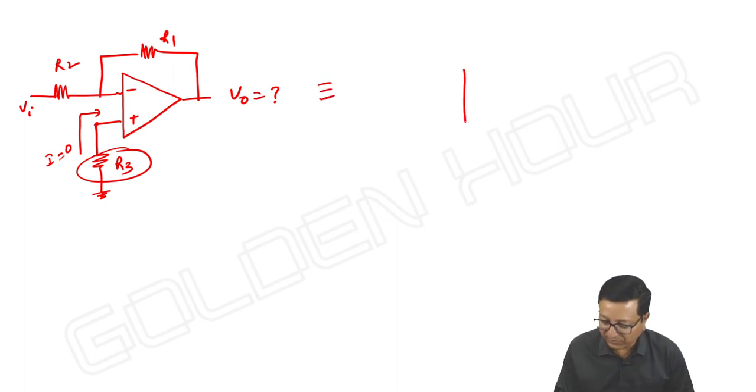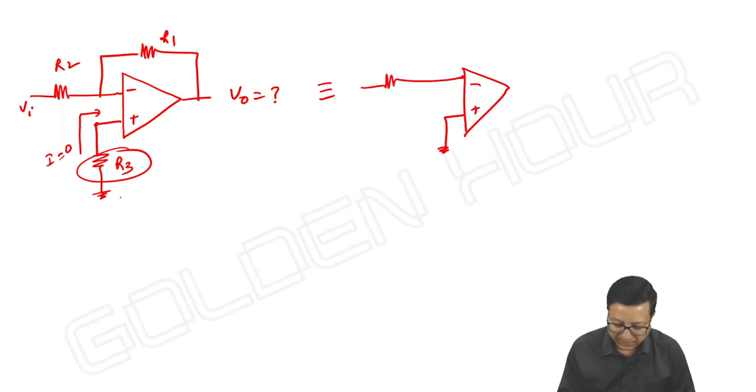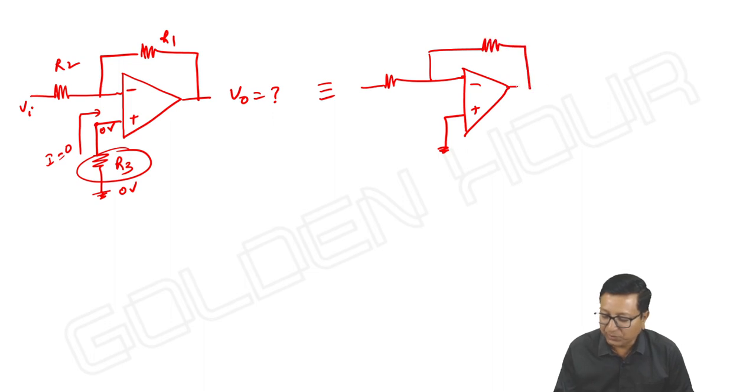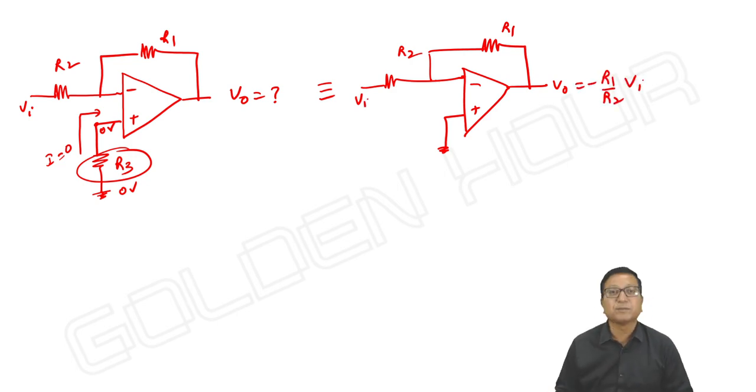The circuit is the same as the original circuit. Here it is 0 volts, means here also it is 0 volts, as the op amp doesn't allow any current to enter into its input terminals. With R1, R2, VI, it is minus R1 by R2 into VI. As simple as that.